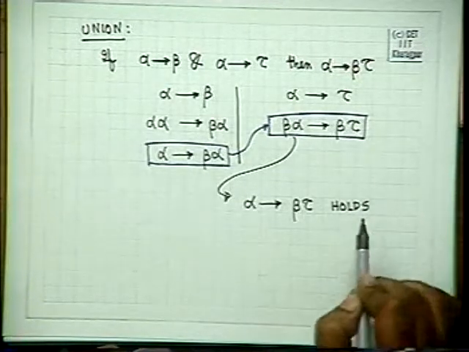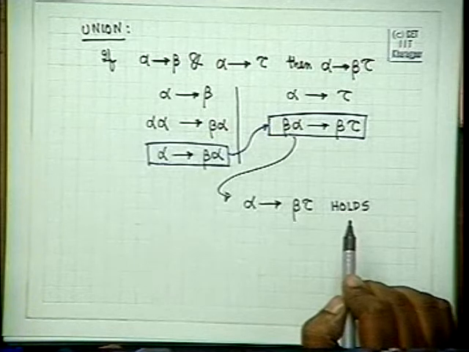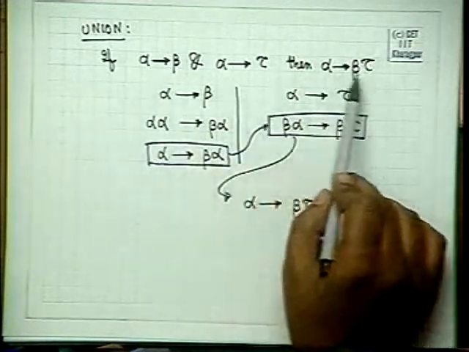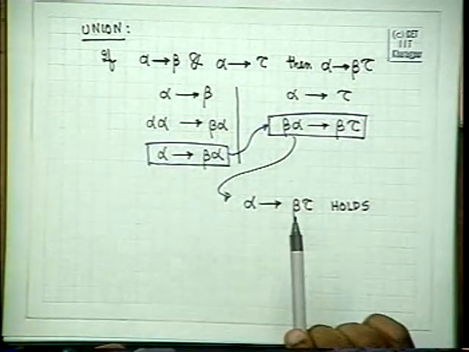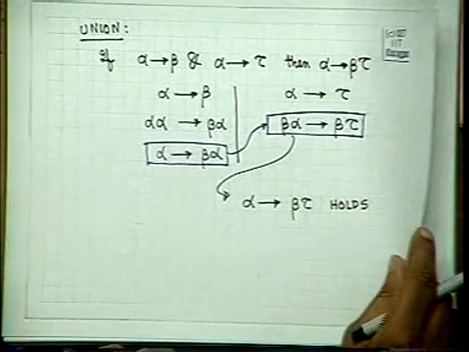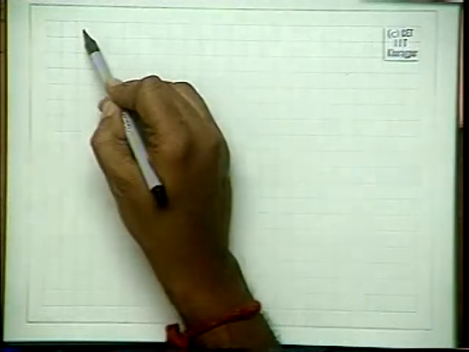So the union rule can be derived from Armstrong's axioms, but it is a useful rule when we apply it directly. Similarly, the decomposition rule can also be derived from Armstrong's axioms.